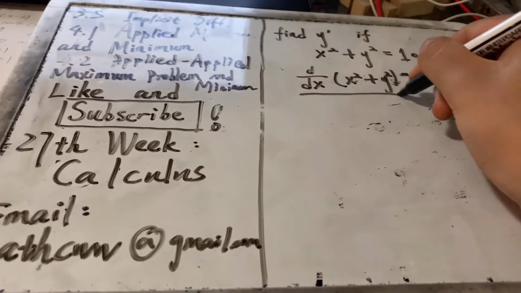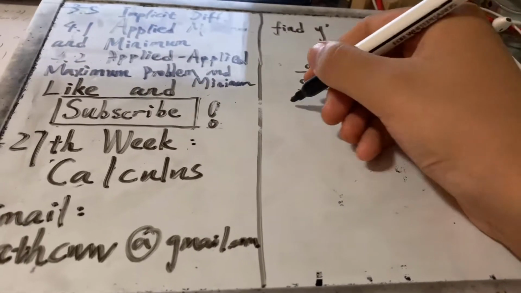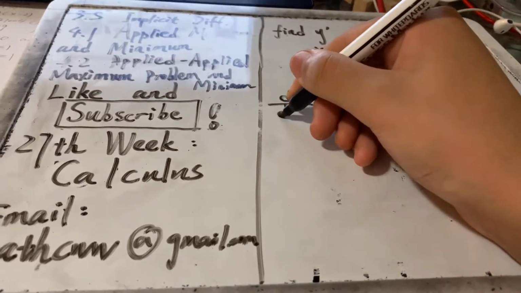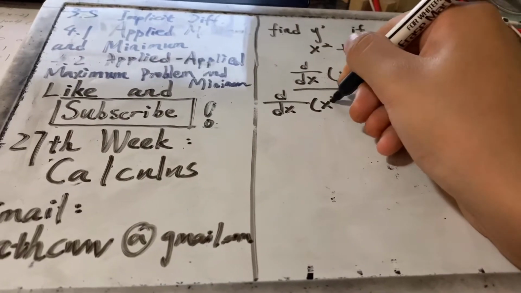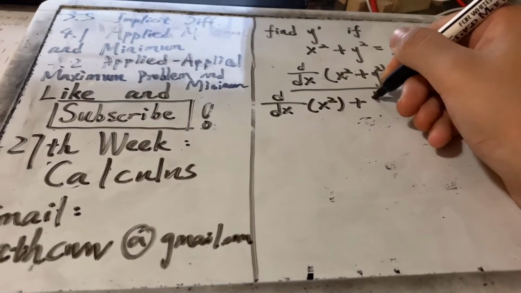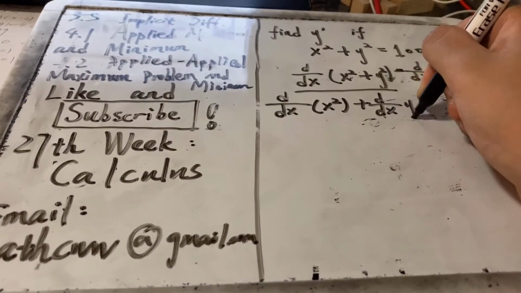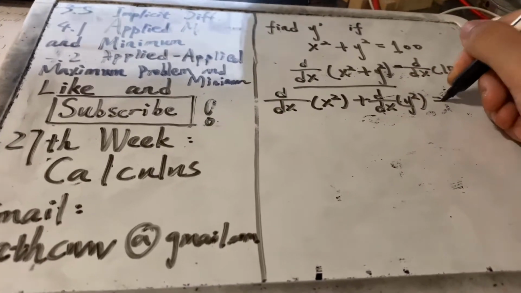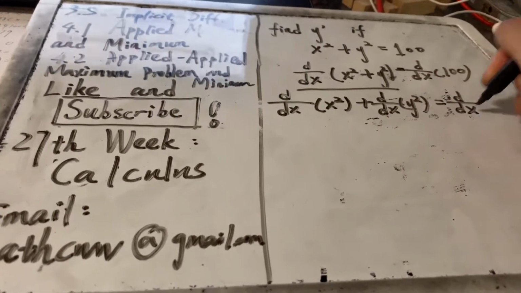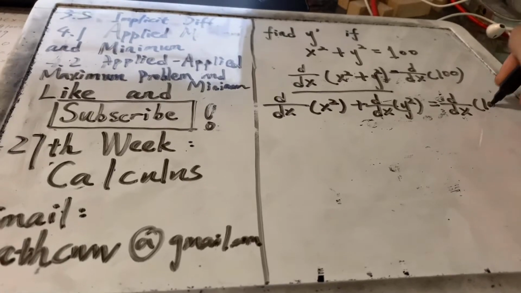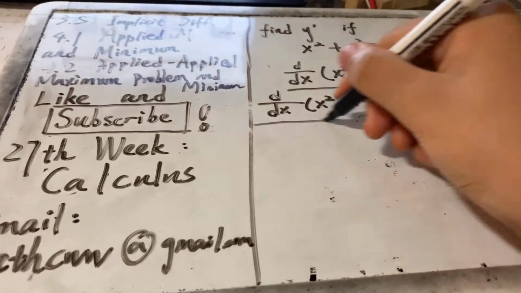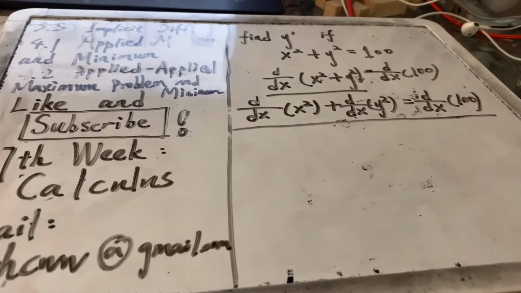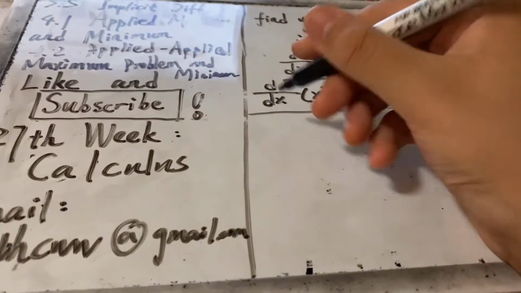So according to the law of adding, you change it into this: d/dx of x squared plus d/dx of y squared equals d/dx of the constant. Note, the next part will be very important.